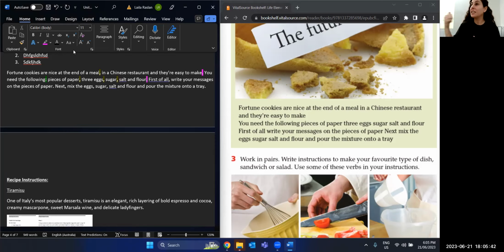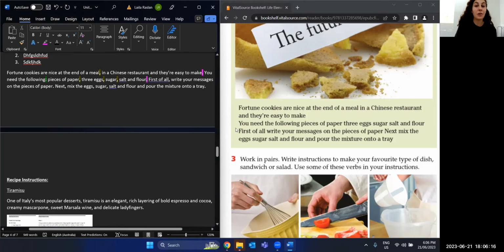But if I said, you need the following pieces of paper, 3 eggs, sugar, salt, and flour. So the comma allows us to have a break between the nouns or the adjectives so that the other person listening can understand what you're saying. Or you're just going to read it very fast until you see the full stop. So you need to have commas. It makes it easier to hear the other person, what they're saying.